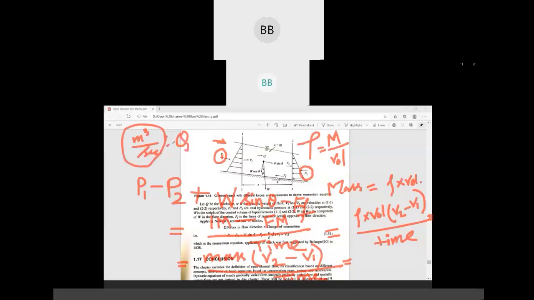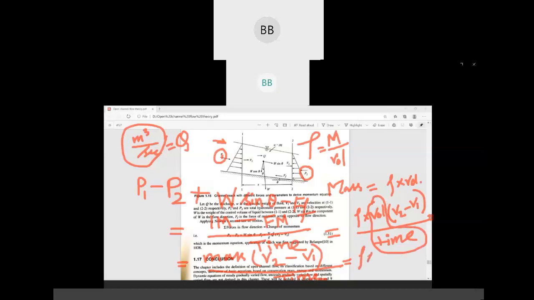Meter cube per second is nothing but our discharge. So we are going to substitute volume divided by time as discharge.